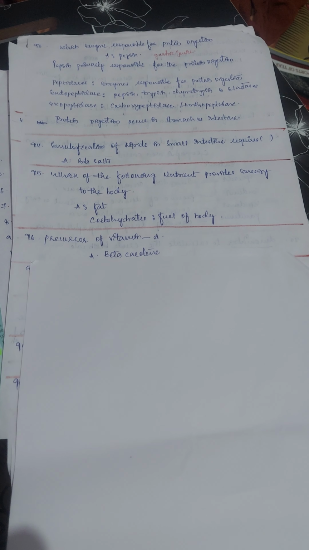The next, as we all know, carbohydrates act as a fuel of the body. Okay, the next one: precursor of vitamin A. Precursor of vitamin A is pyridoxine, beta carotene, thiamine, or retinol, and the answer is beta carotene.